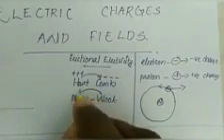Similarly, when a plastic comb or plastic rod is rubbed with wool, electrons are transferred from wool to plastic. This means the plastic gets a negative charge and the wool gets a positive charge.